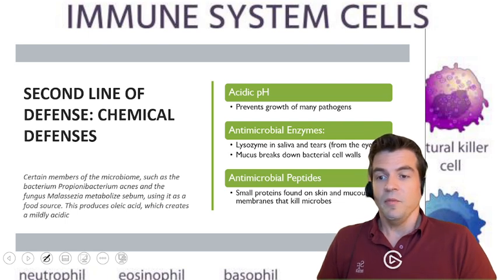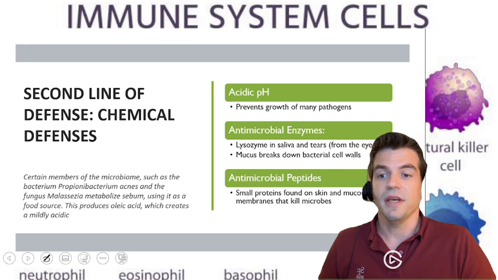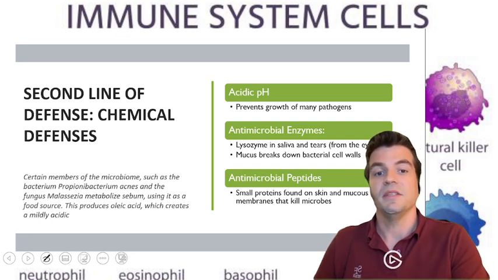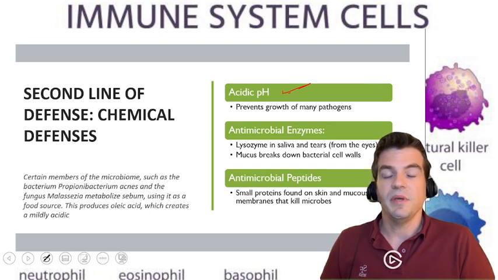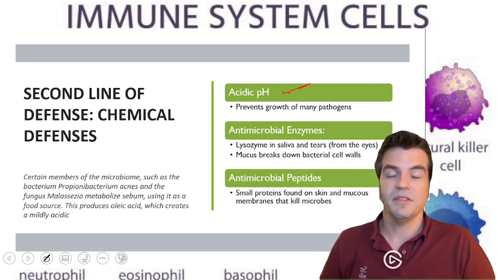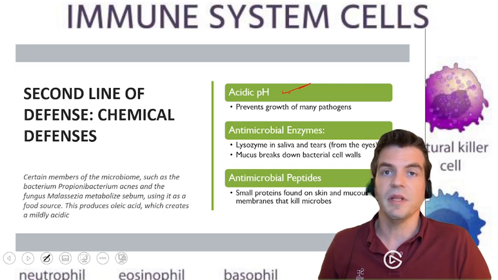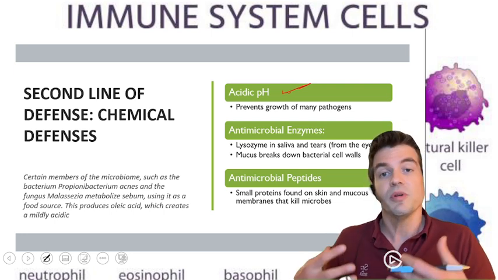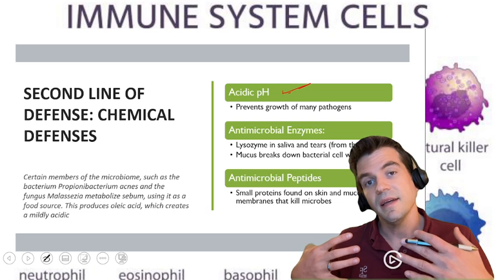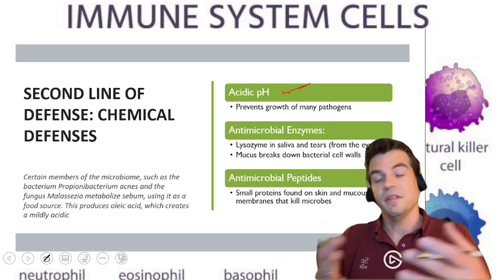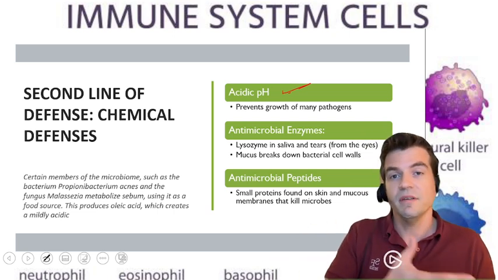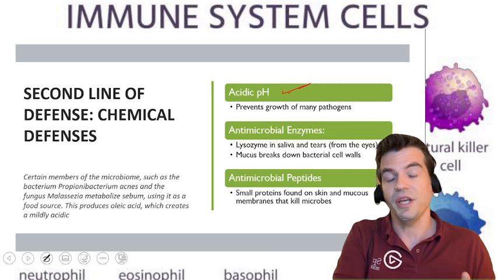Okay, and then we have the second line of defense, or chemical defenses. Okay, and we have acidic pH. The pH is a chemical defense. The extra protons in the acid prevent the proton pump from working in our electron transport chain, right?